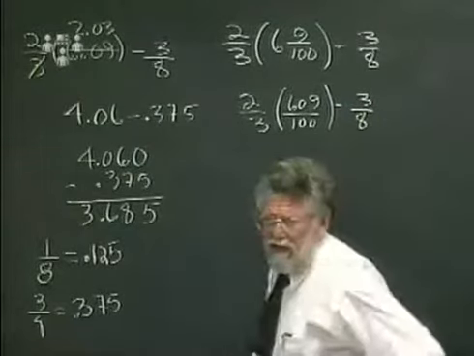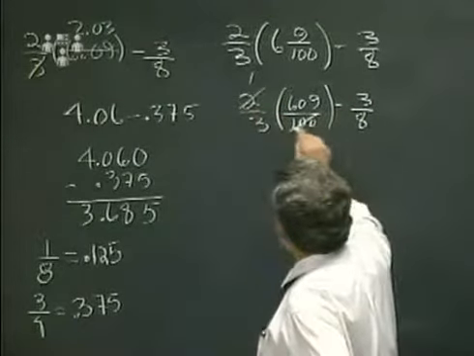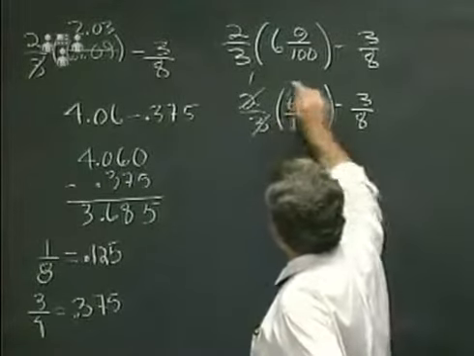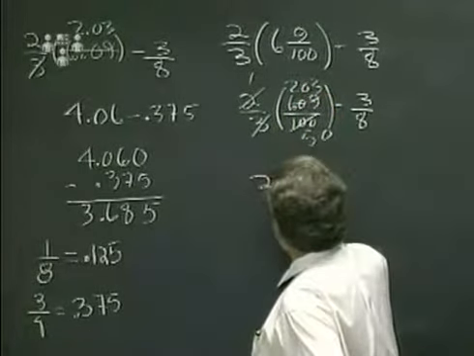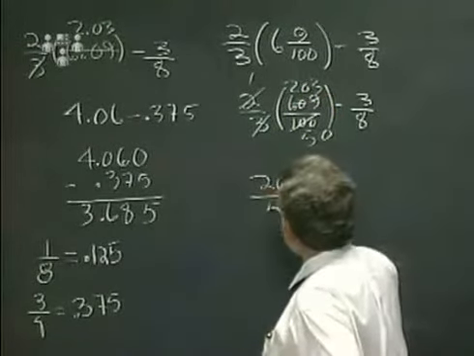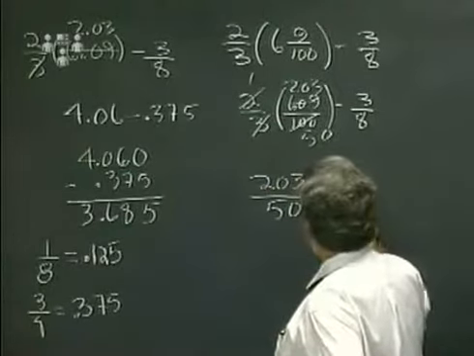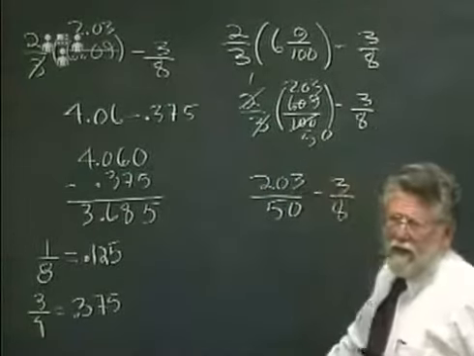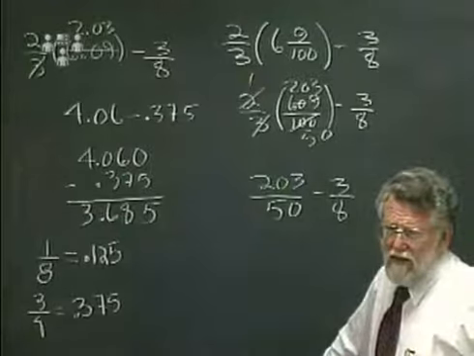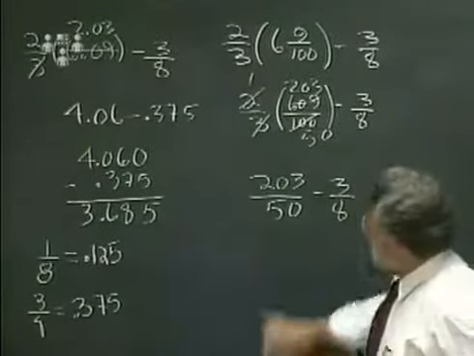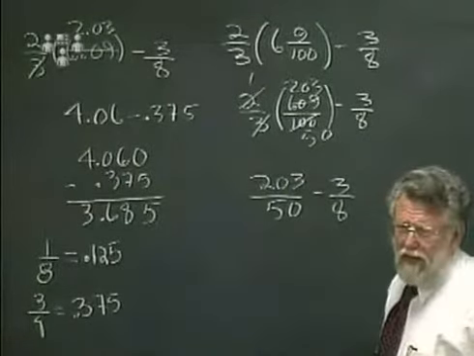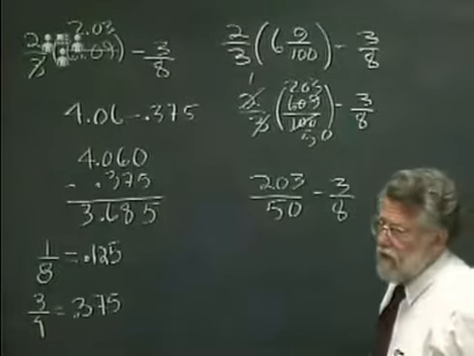And there's some nice things to this to the extent this cancels, giving you a 50. This cancels, giving you 203, but I'm down to 203 over 50 minus 3/8. And now finding the common denominator for that is not good. So I'm not much impressed with trying to treat it as a total fraction.